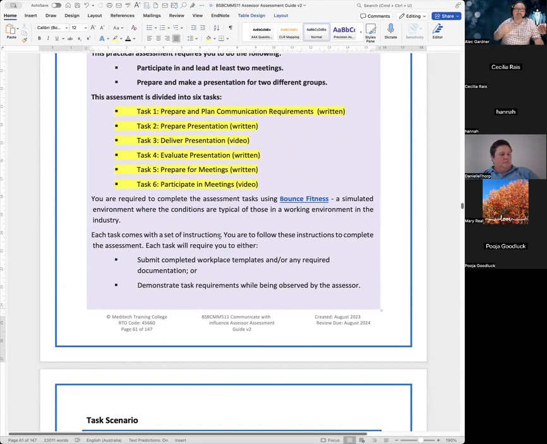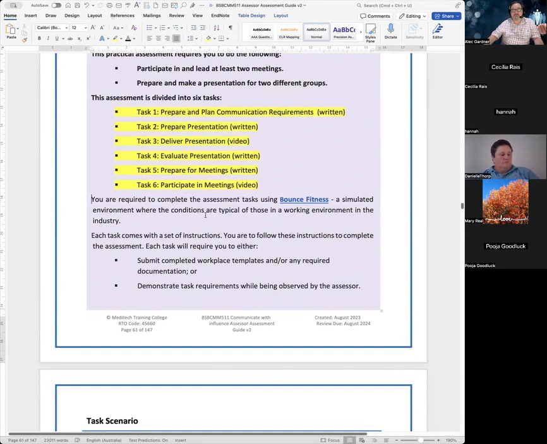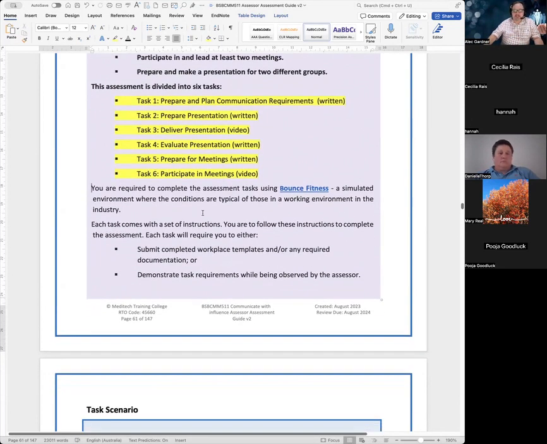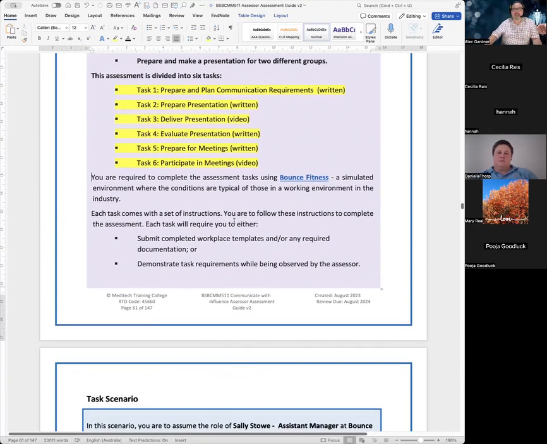I can't sign you off if I don't actually see the material. And the reason is because if ASQA, which is the body that looks after vocational education and training, come in and do an audit, they often audit the assessments and they will look through the assessments and go, this person's been assessed to be competent, but this material's not there. And we don't want that to happen.